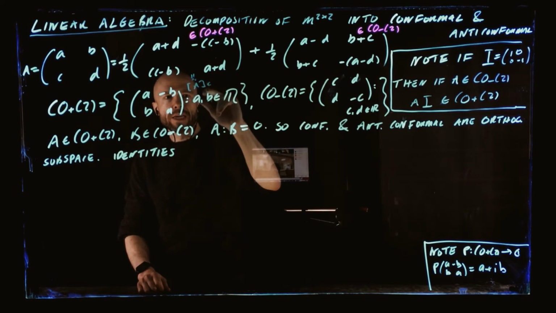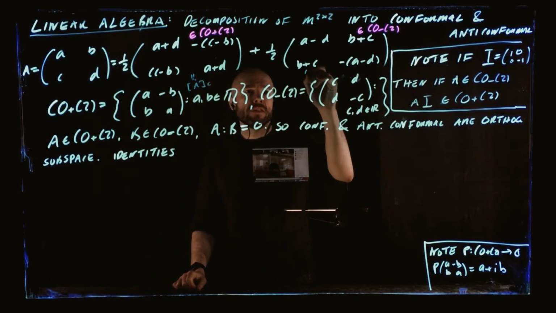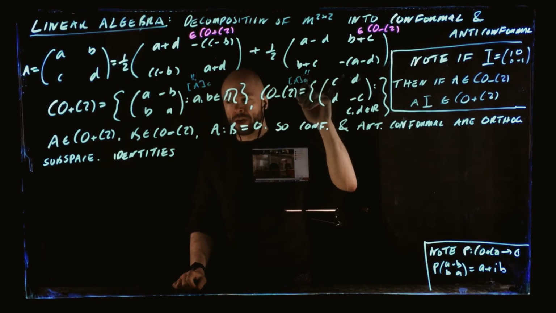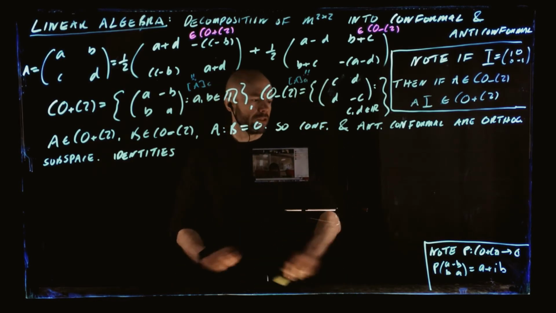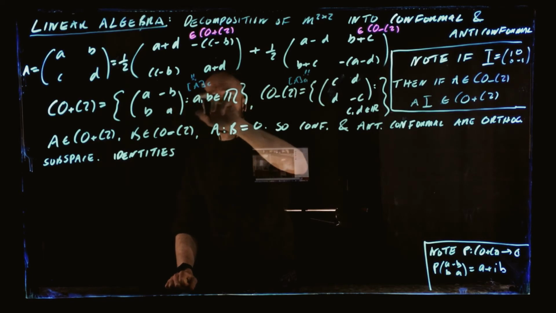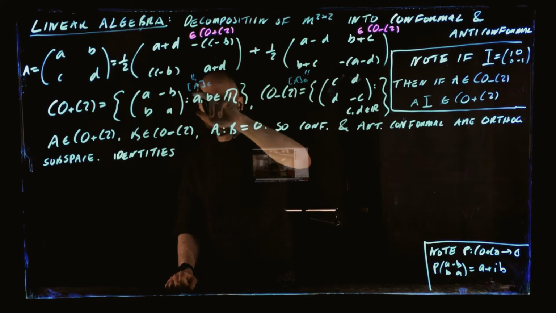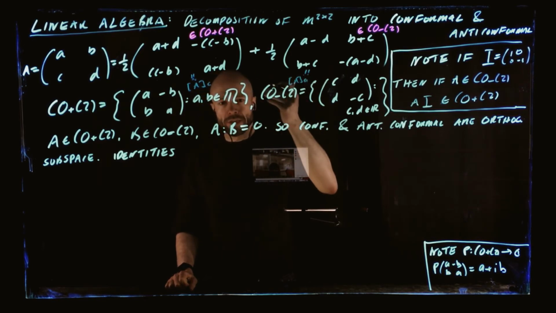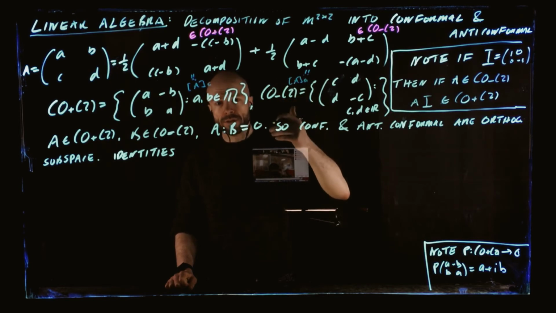So when we put square brackets and a little subscript C, that's the conformal part of A. And we're defining this thing to be this, the anticonformal part of A. Okay? So we have this decomposition of A into the sum of its conformal and its anticonformal parts. Yeah? And these mappings from A to the conformal part and A to the anticonformal part are obviously linear mappings. In fact, since these are subspaces, these are actually orthogonal projections. Yeah?